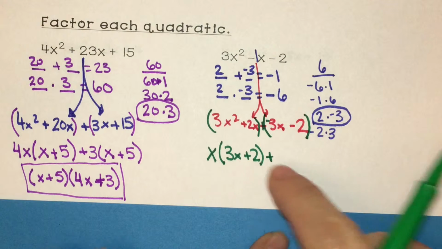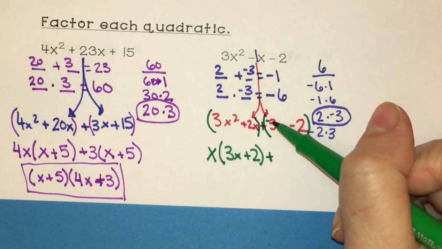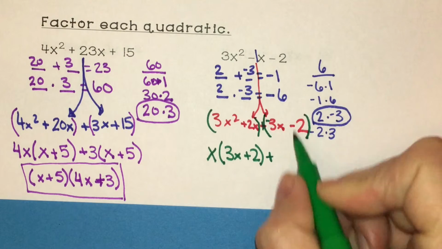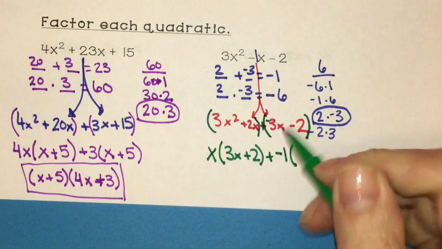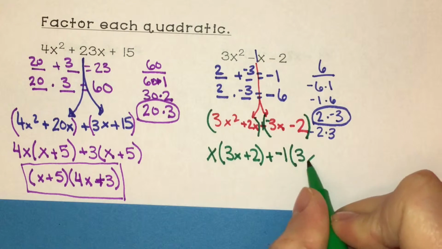I need them both to be positive, so the only thing I can factor out is a negative 1 to make them both positive in there. Because if I do negative 3x divided by negative 1, it leaves me with that positive 3x. So I'm going to factor out a negative 1 times, again, negative 3x divided by negative 1x is positive 3x.